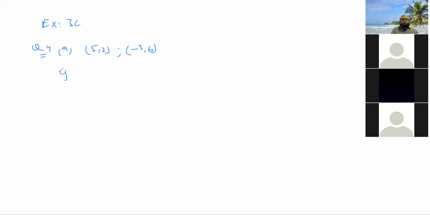So you must have in your mind that y minus y1 equals m into x minus x1. First of all, if you roughly sketch this, you can tell yourself, okay, look, here is the point 5 comma 2, and here is the point minus 3 comma 6, and you have to write down the equation of the line.